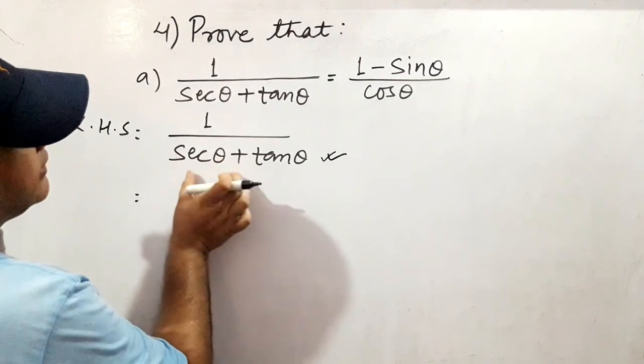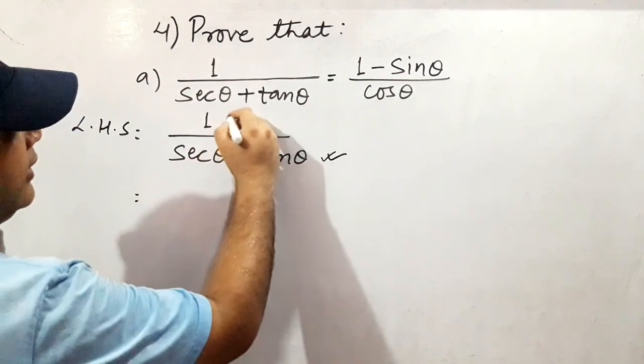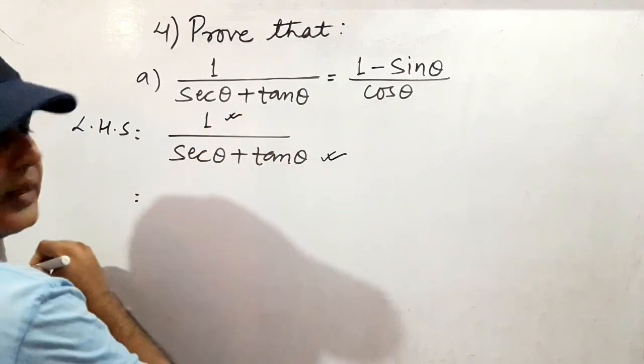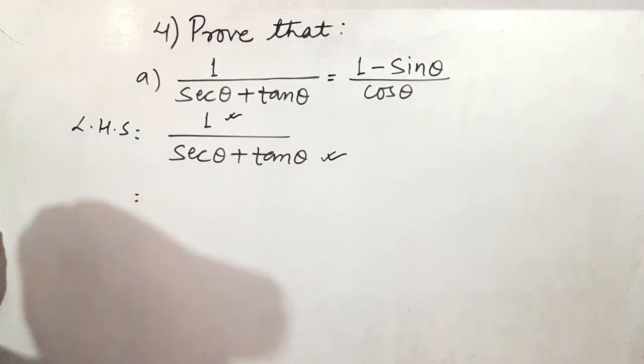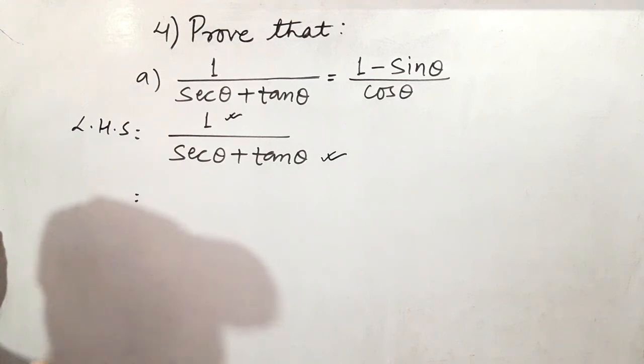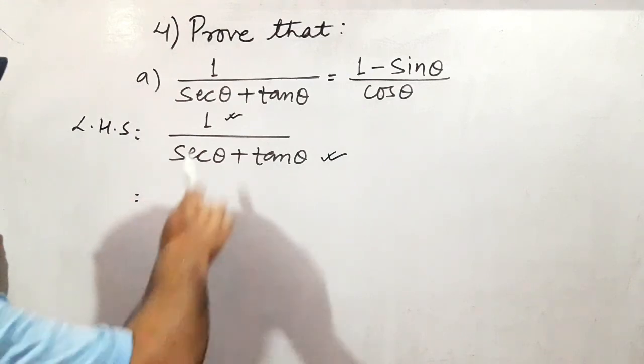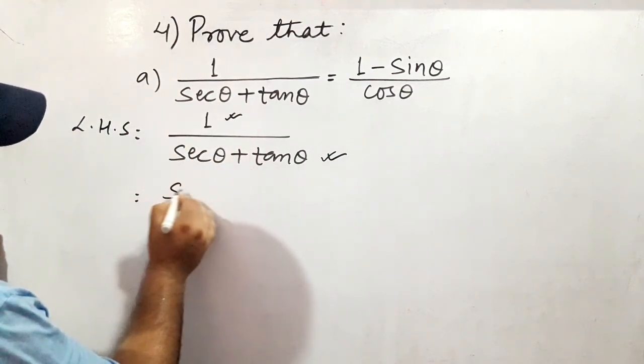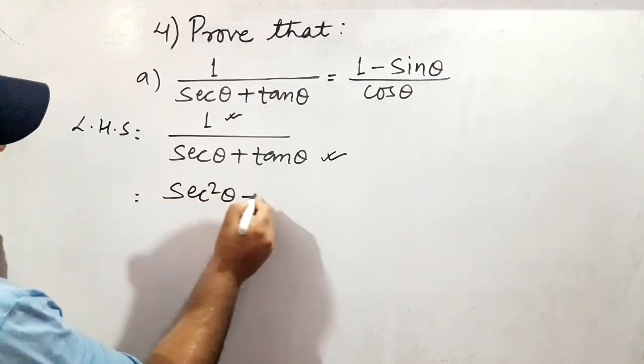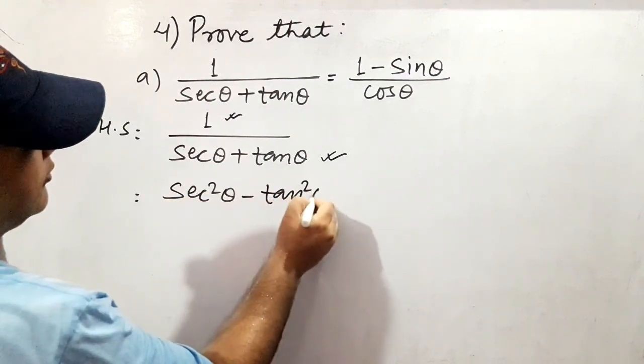To reduce this, let's write this 1 in the form sec square theta minus tan square theta. Since sec square theta minus tan square theta equals 1, I can write this 1 as sec square theta minus tan square theta.